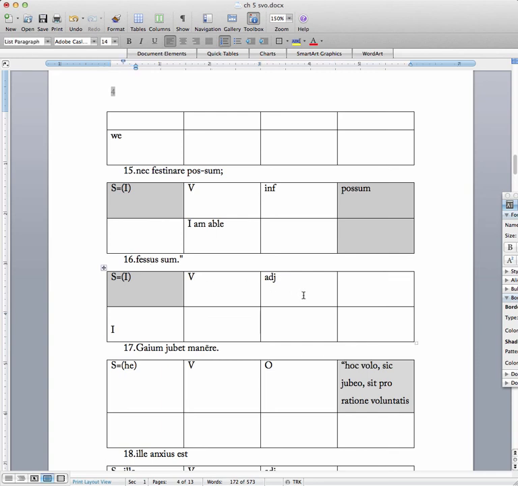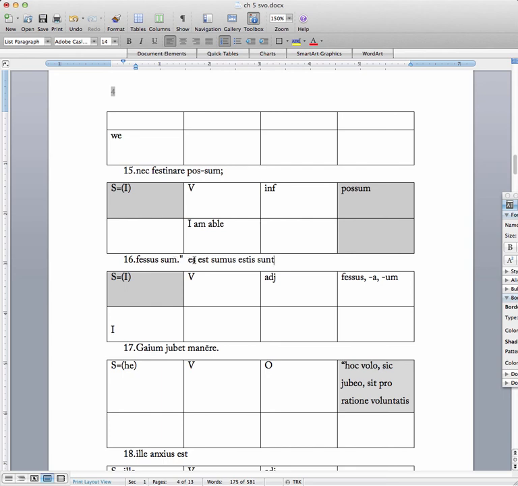The adjective is, if you look it up in the dictionary, what you'll find is the adjective form. Okay, so you know that's an adjective. Typically in sentences like that have sum or es or est or sumus or estis or sunt, write all those down.